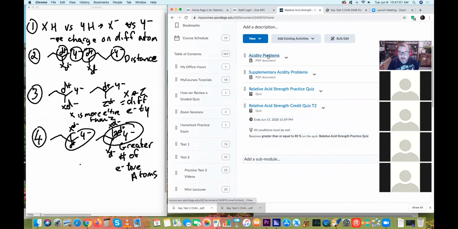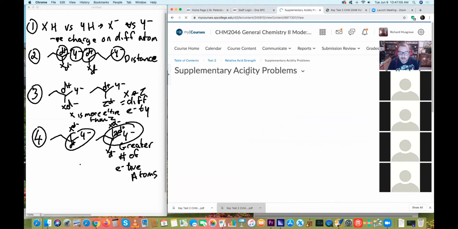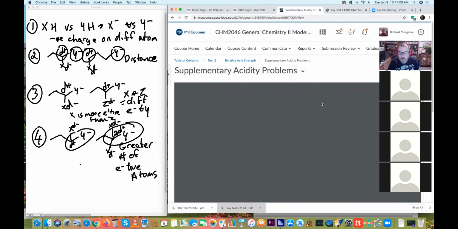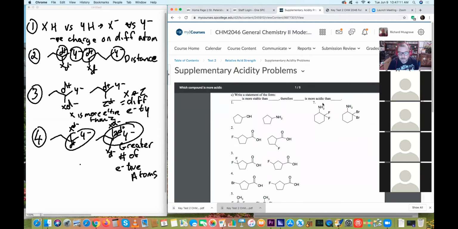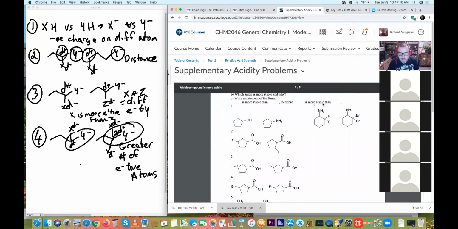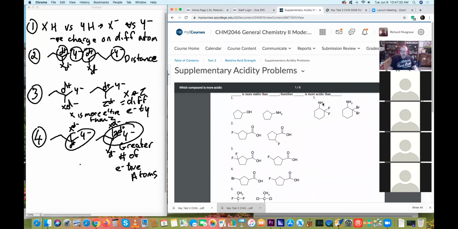I have these acidity problems. I'm going to pull up these supplementary acidity problems. The other one has similar problems on it. Let's see if we can figure out the scenario that matches in each of these cases.